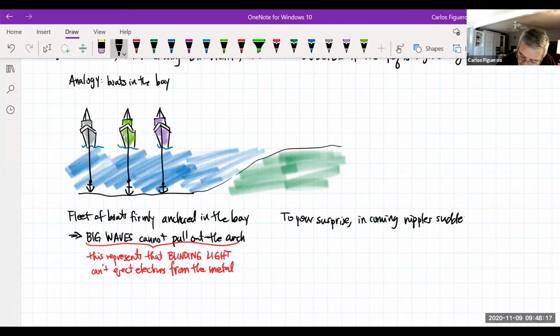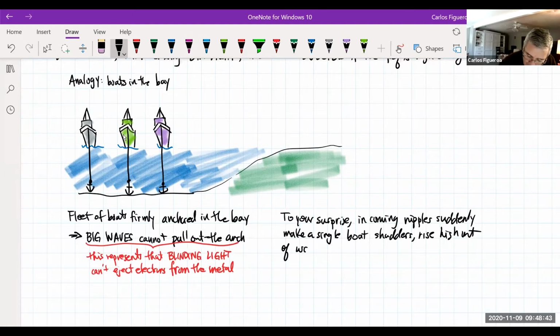Suddenly, a single boat shudders, rises high out of the water, and is thrown onto the shore.